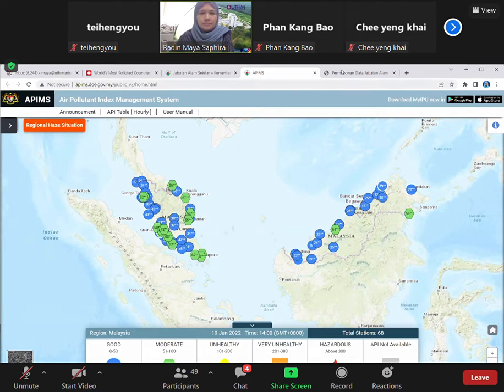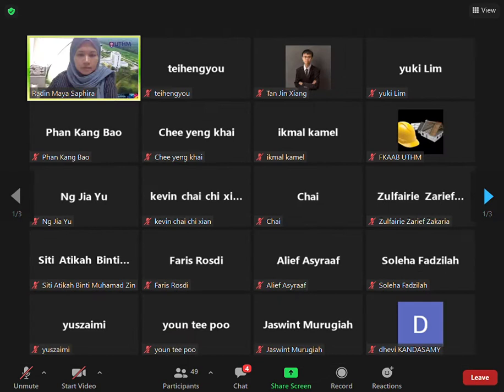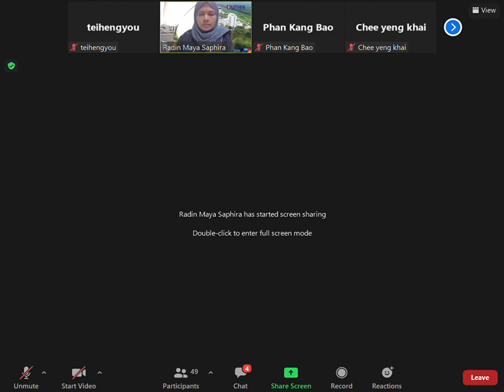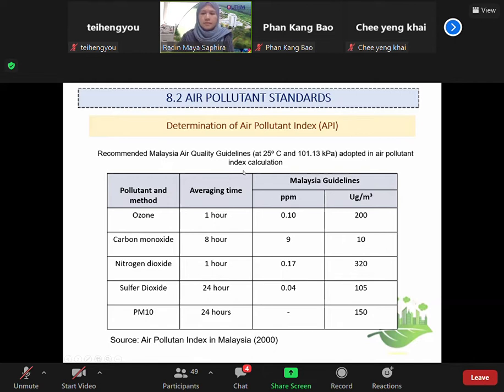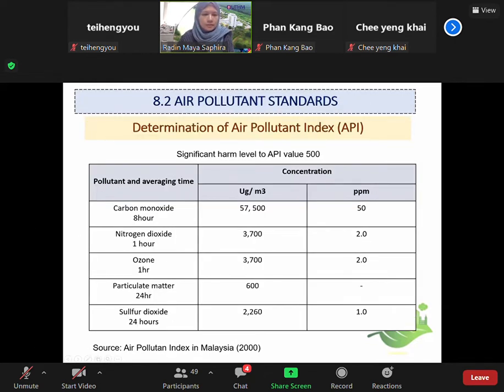So if you want to see the real time air pollutant index management system by the Department of Environment, you can go to their website. I'll continue. Any questions so far?